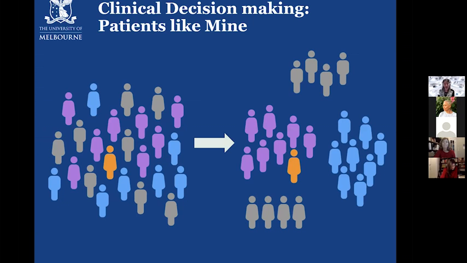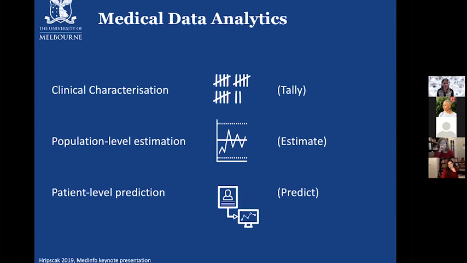In order to do this, we want to leverage the full body of information we have about our patients. That means also examining the clinical text and all of the symptomology captured in the observations. We can characterize our data with counting and statistical estimation and patient-level prescription using the tools of data science.